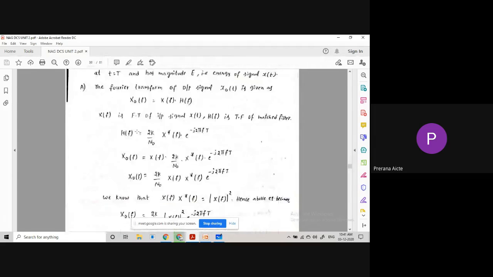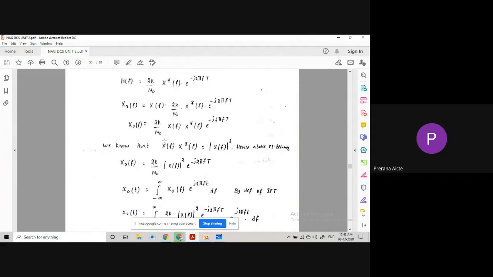the transfer function of the matched filter is 2K by N naught into X conjugate of f into e power minus j2 pi fT. We are going to substitute this transfer function in X naught of f. So X naught of f equals X of f into H of f, which gives 2K by N naught X of f into X star of f e power minus j2 pi fT.